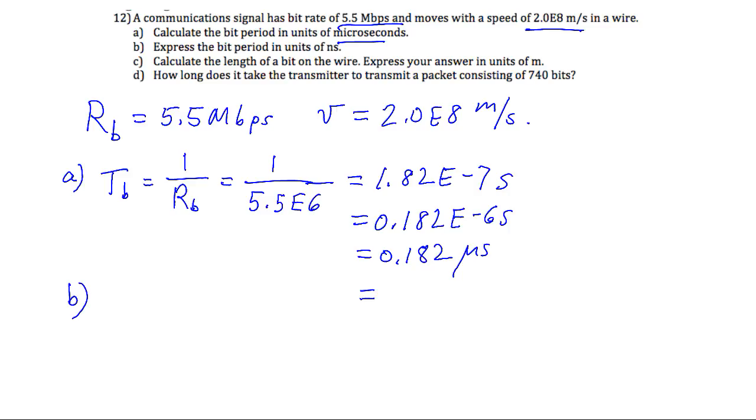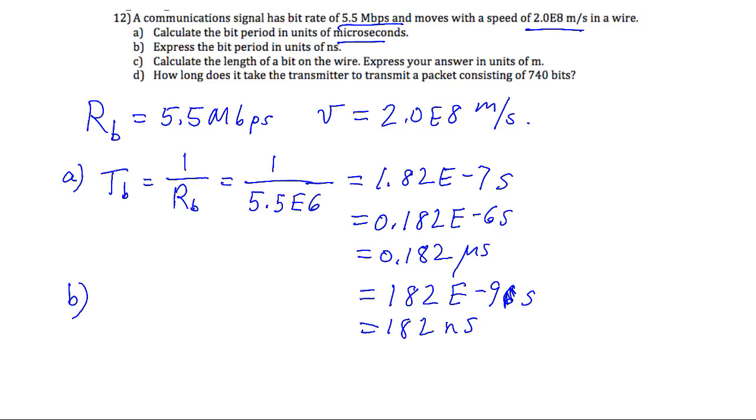A nanosecond is 10 to the minus 9th seconds. So if I start with 0.182 times 10 to the minus 6, that turns into 182 times 10 to the minus 9th seconds, or 182 nanoseconds. So it's 182 nanoseconds is the bit period.